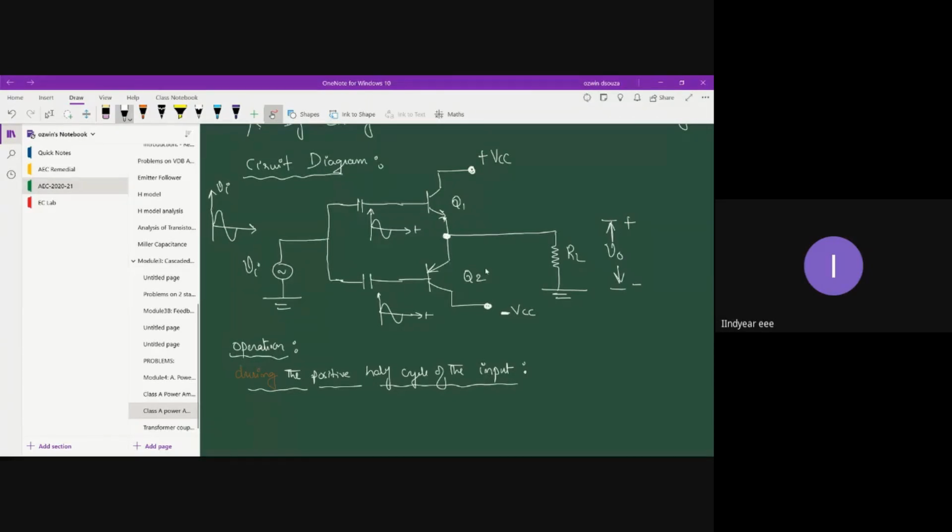During the positive half cycle the input is positive going, so each transistor base receives a positive pulse at the input. Now, can anyone tell me which transistor conducts for this particular circuit logic?